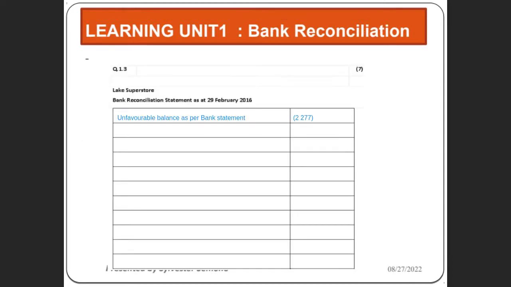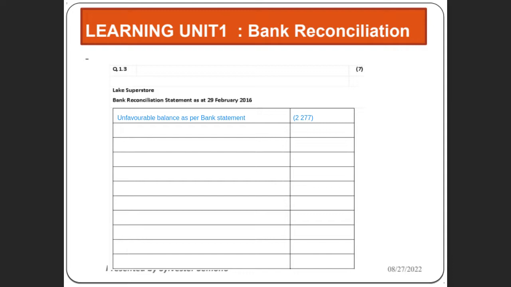So do we have to start with outstanding deposits, or do we just go according to the numbers? Normally you have to start with the outstanding deposit, but sometimes students start with the outstanding checks. As long as they are correct, we don't penalize. But I prefer starting with the outstanding deposit, but the format doesn't matter.